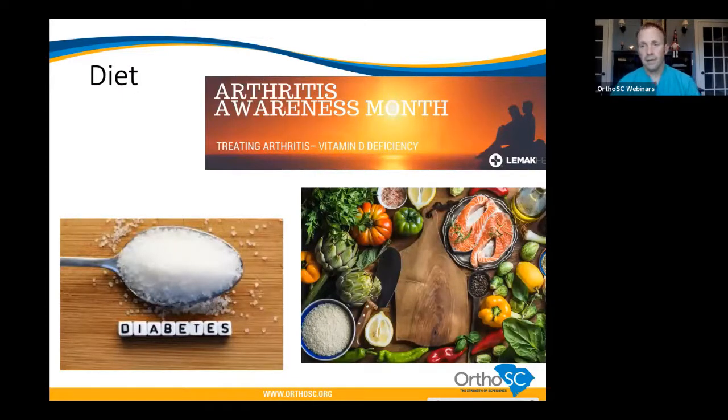And then another thing that is more commonly being understood that contributes to arthritis and pain is our diet and the amount of inflammation that we have in our body.